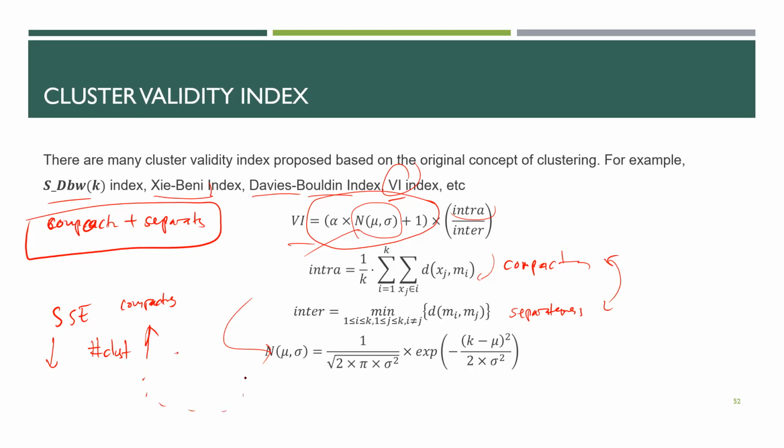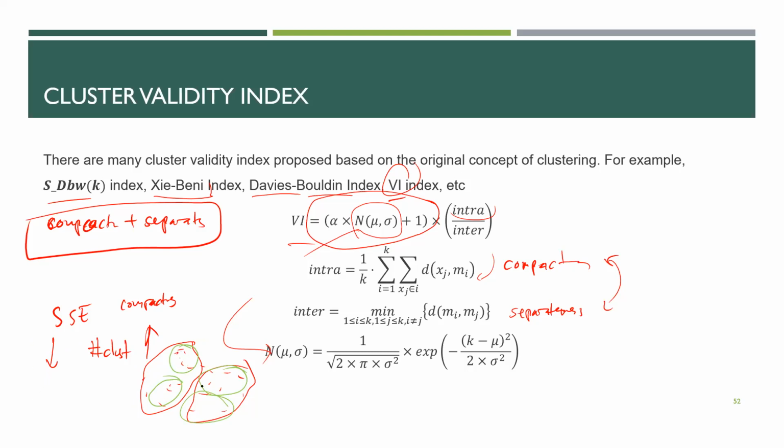For example, the first one we divide into two, compared to dividing into four: 1, 2, 3, 4. Of course, the green one will have smaller SSE. Smaller clusters will have smaller SSE.